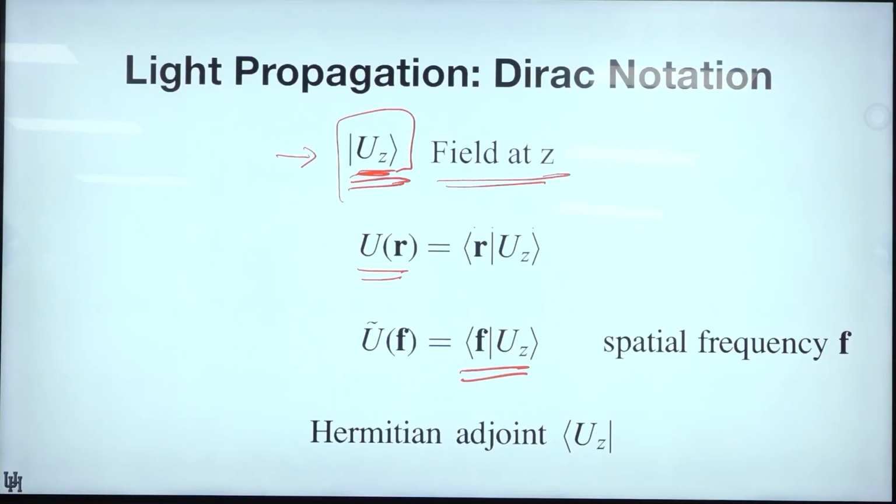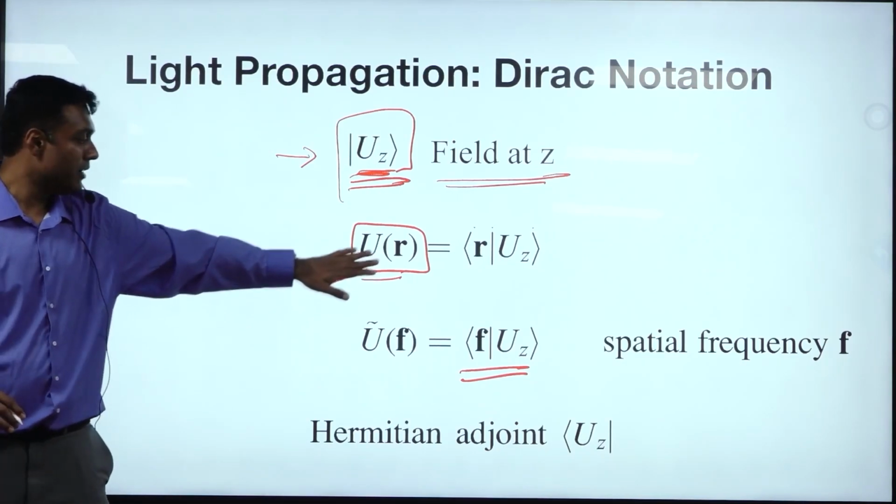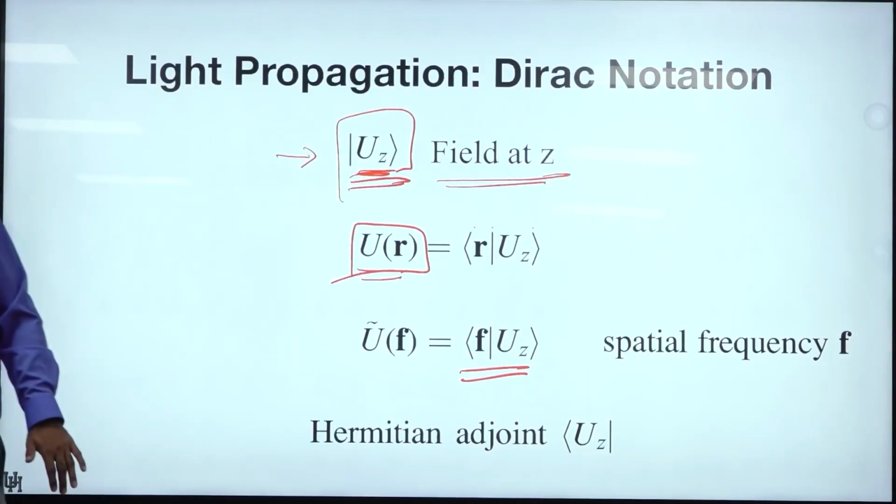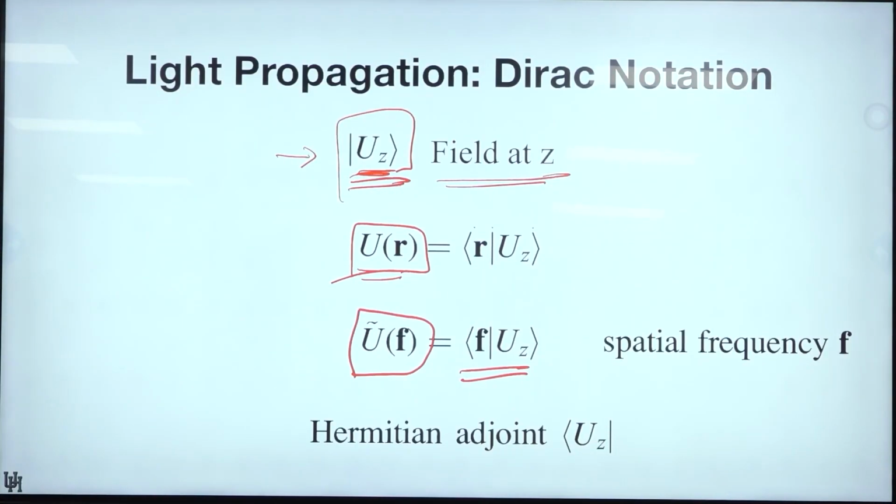So you can describe it in XYZ coordinates, or in fx, fy, fz coordinates. In XYZ coordinates, what's the spatial distribution? This is u of r. What is the spatial frequency distribution? Then it is u of f.